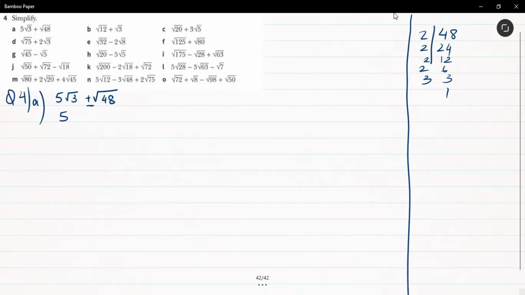So it is equal to 5 under root 3 plus under root 2 multiplied by 2 multiplied by 2 multiplied by 2 multiplied by 3. So we have actually got two pairs of 2, which would mean we have got 5 under root 3 plus 4 under root 3. As the third values are the same, we can add them up, which would be equal to, what's 5 plus 4? 9 under root 3.